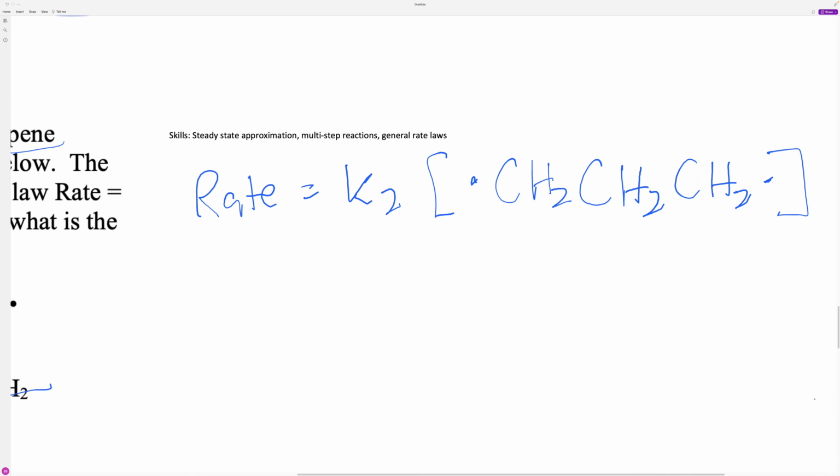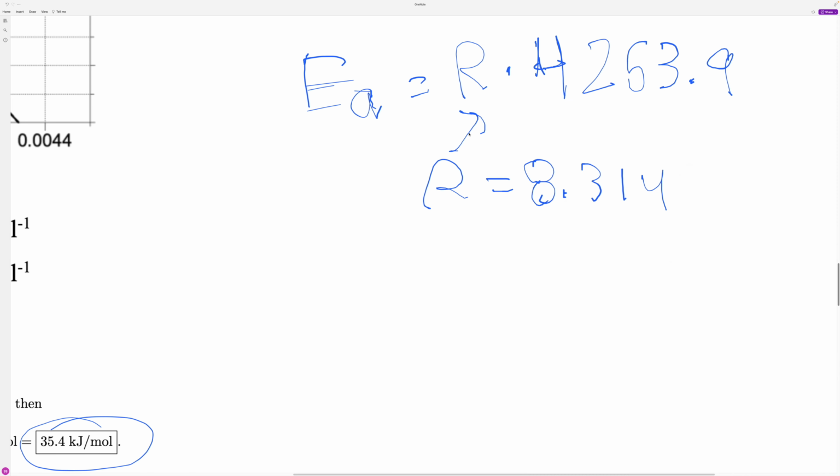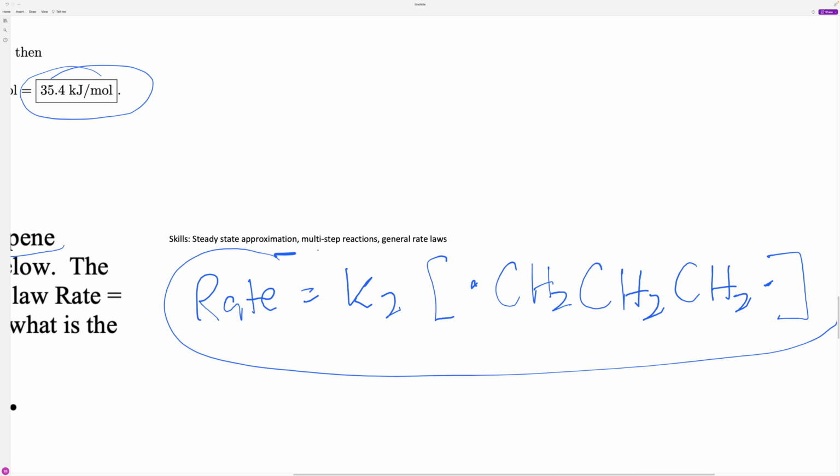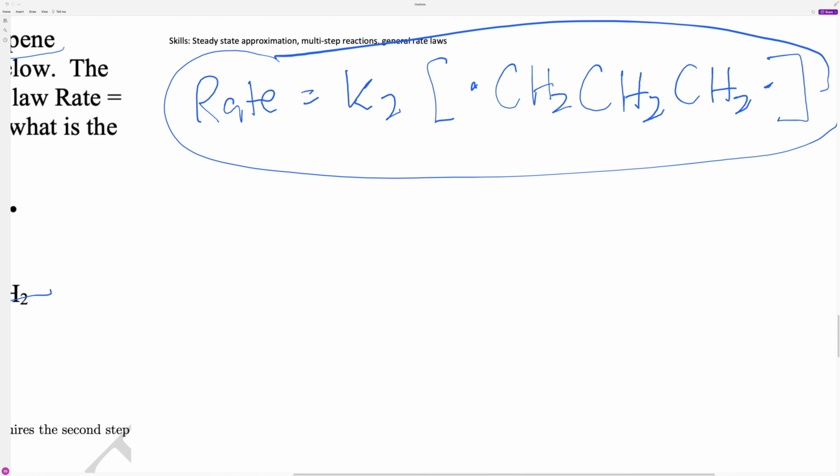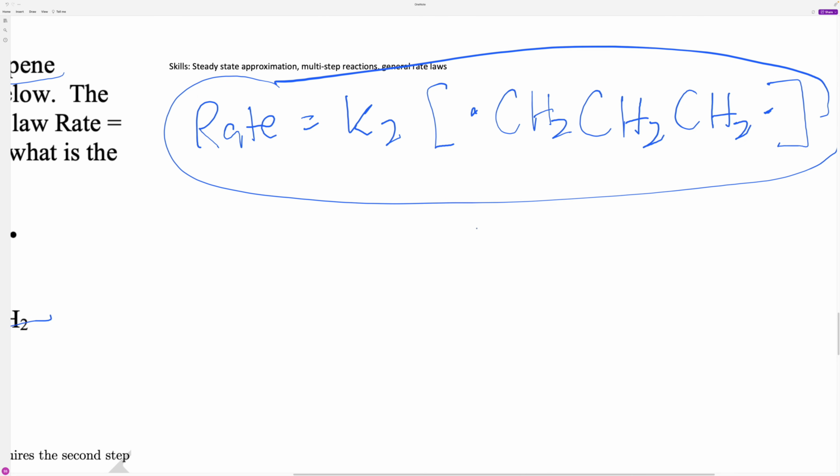So if you notice here, this was our initial rate law, and we have that the diradical here is equal to K1 over K-1 cyclo.